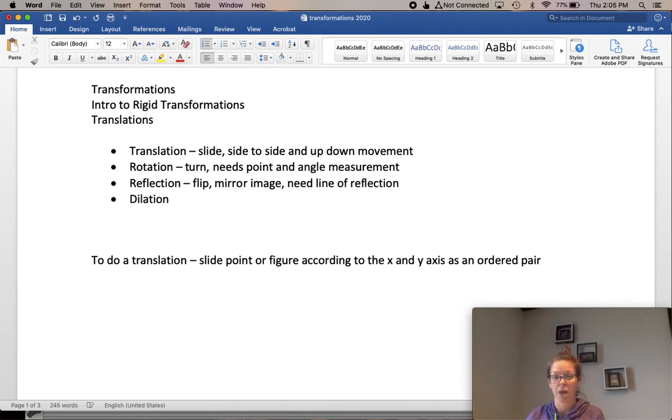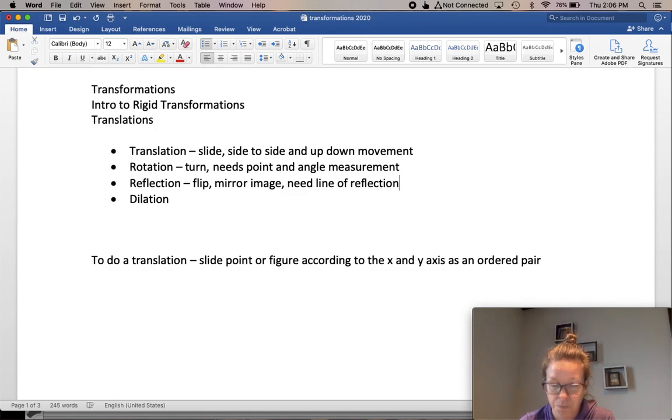So let's say we have a figure like, there's my hand, here's my line of reflection, and then it's going to take it and go like this. So it's going to change the direction of the object. So now my thumb is facing in one direction, but now the thumb is facing in the other direction as it flips over this line of reflection. It's like a mirror, okay? So a reflection is like a flip or a mirror image, and for that we're going to need a line of reflection.